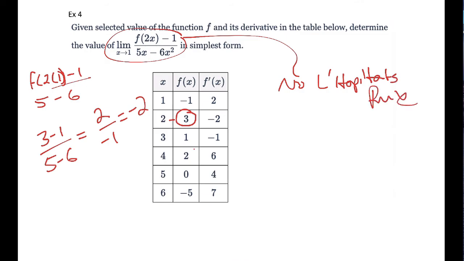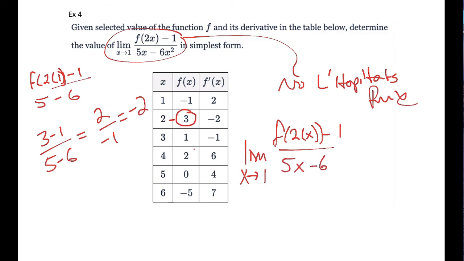We can just evaluate this. We could just say that the limit as x goes towards 1 of f of 2x minus 1 divided by 5x minus 6x squared. If we just evaluate that, that's f of 2 minus 1 divided by 5 minus 6.